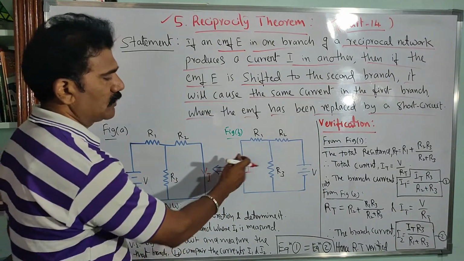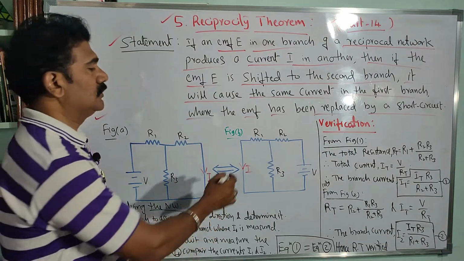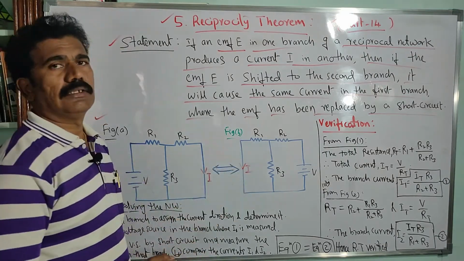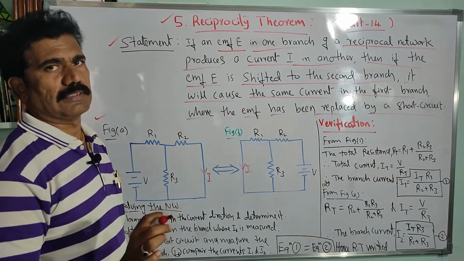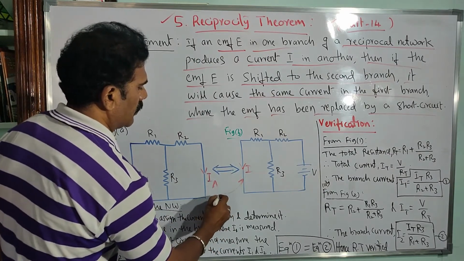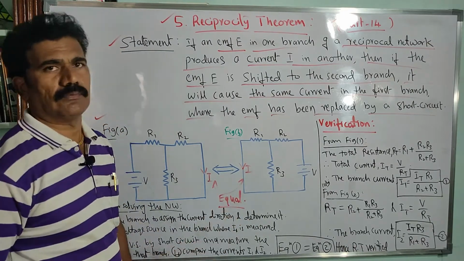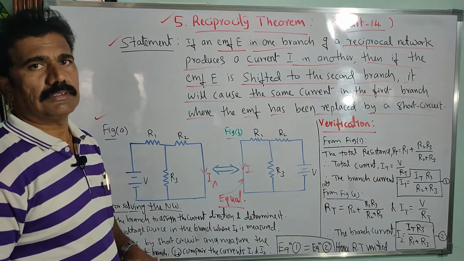If you keep it open, you can't measure the current, so it should not be open. You short circuit and measure the current at the place where the voltage source was present. That's it. These two currents will be equal. Is it clear now? These two currents should be equal according to the reciprocity theorem.